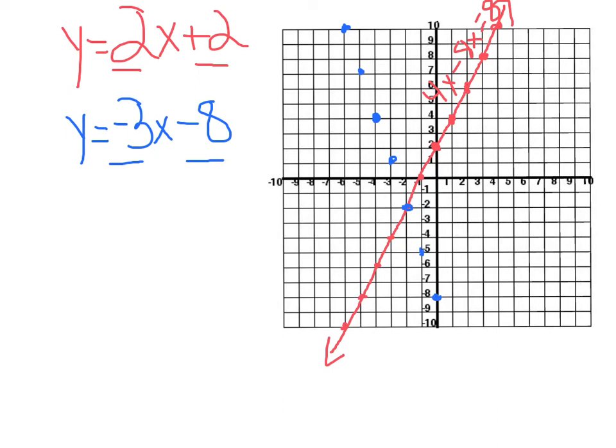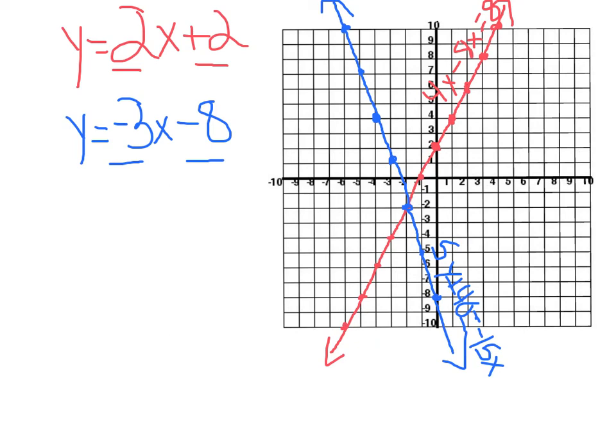Then draw my line using a straight edge, and label my line with the original equation, which was 5y plus 40 equals negative 15x.